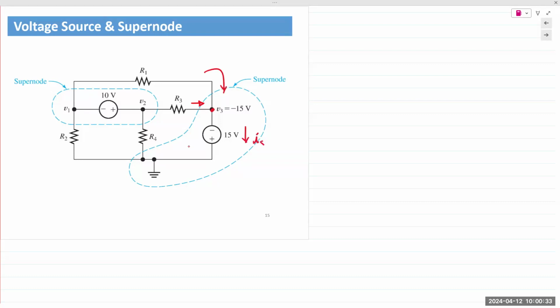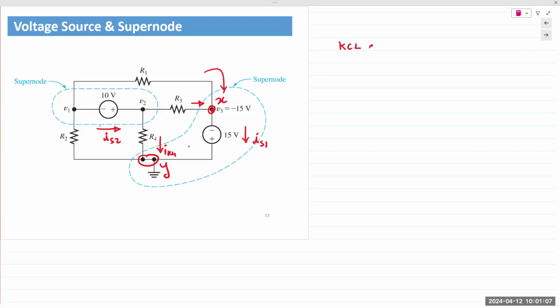I will label this as IS1, label this as IR4, and let's say this is IS2. I will call this X and this Y. So this node is Y, this node is X.